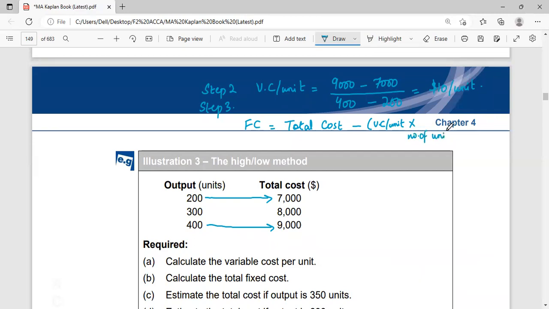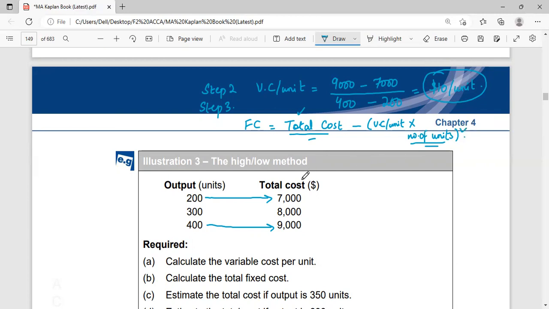The question here is that variable cost is 10 per unit, right? But you don't know what number of units you should take or what total cost you should take, because you are not provided with that. You don't know which cost to take here and which number of units to take here.